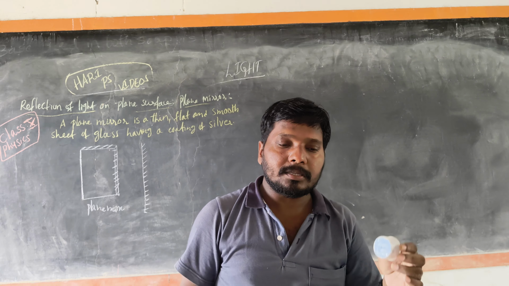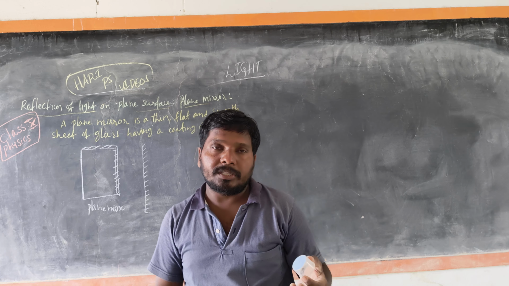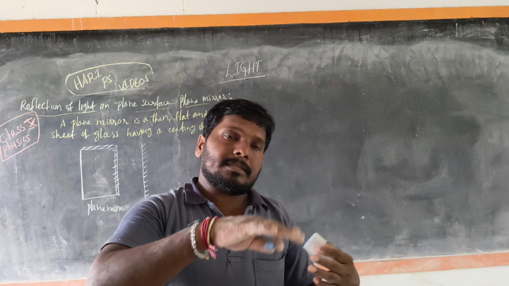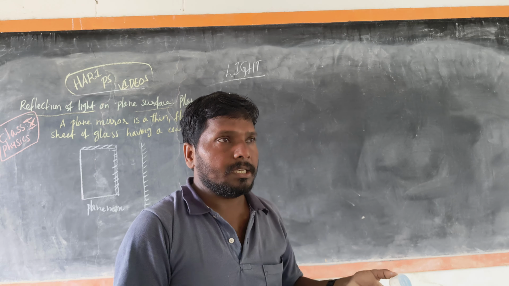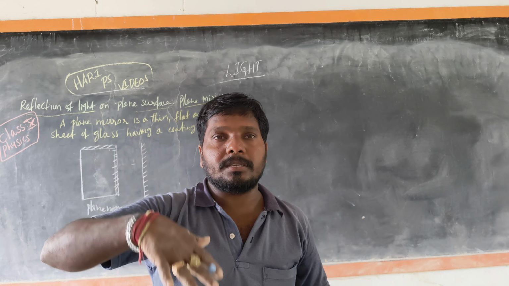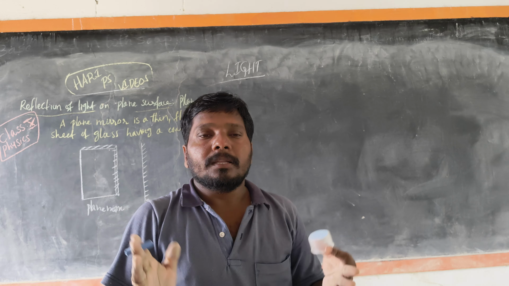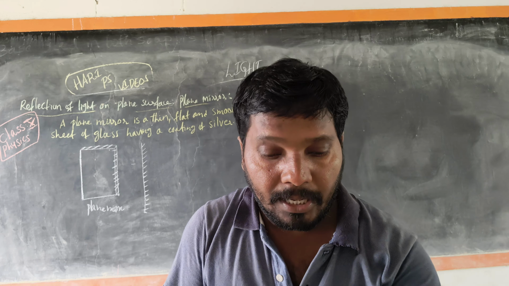It is not a plane mirror, just imagine that on a plain sheet of glass, the back side or one side of the glass sheet is coated with silver and some other paint, then it is called a plane mirror.